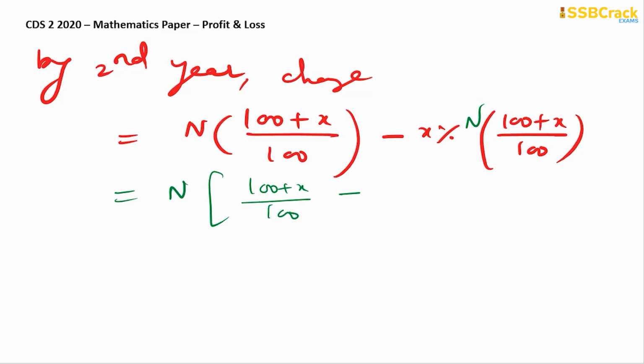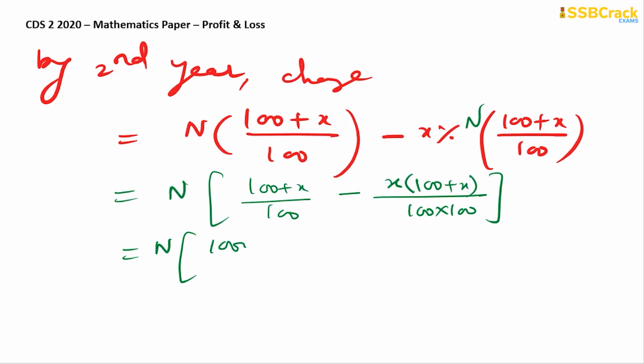So here we'll have X into 100 plus X upon 100 into 100. So we make the denominator the same, right? So in the bracket, the numerator changes to 10,000 plus 100x minus 100x minus x square upon 10,000, right?